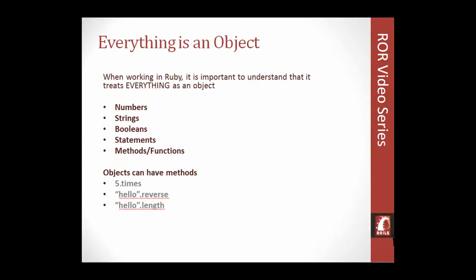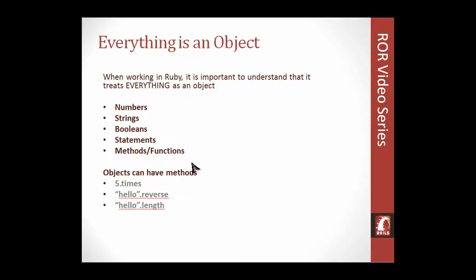And everything in Ruby is treated as an object. That's a really important thing to understand when programming with Ruby. Everything's an object, and objects have methods. Numbers, strings, booleans, statements, methods or functions, which I'll be using interchangeably.